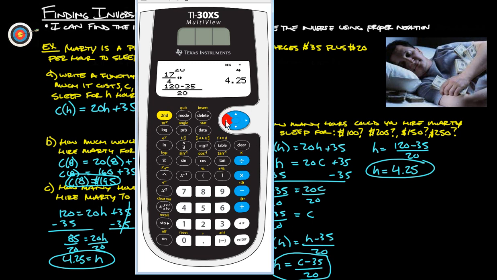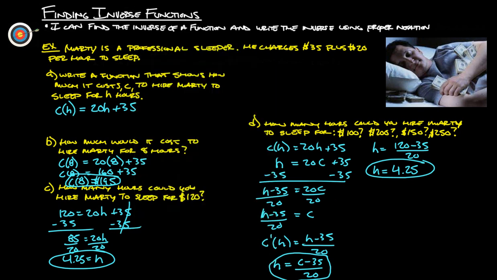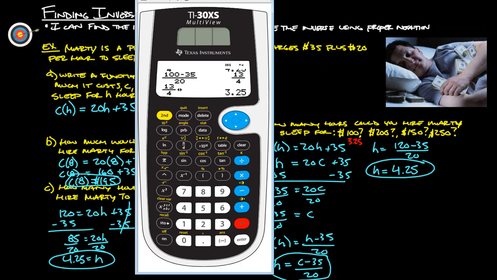Or you can just go back and enter everything in if you want, which might be faster because this one's struggling a little bit. There we go. So 100 minus 35 is 13/4, which is 3.25. So this 100 would be, I'm going to write this in a different color so we can find it easier, 3.25 hours for that one.